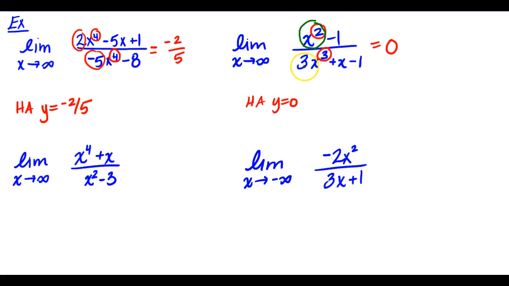And then in the denominator, 3x cubed is the term that matters because it has the highest exponent. So again, as we start to plug in numbers like a million, the plus x, or the plus a million minus 1, isn't really the important part here. It's not the part that's dominating. The part that's dominating is 3x cubed. So this function is really like considering the limit as x approaches infinity of just the dominating term in the numerator over the dominating term in the denominator.